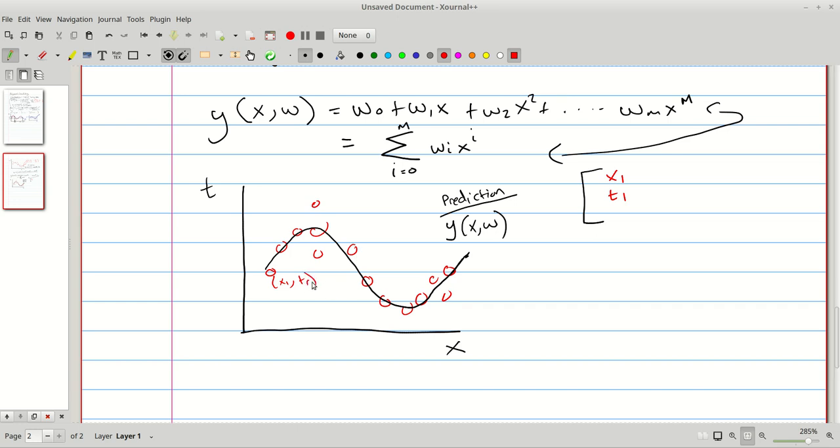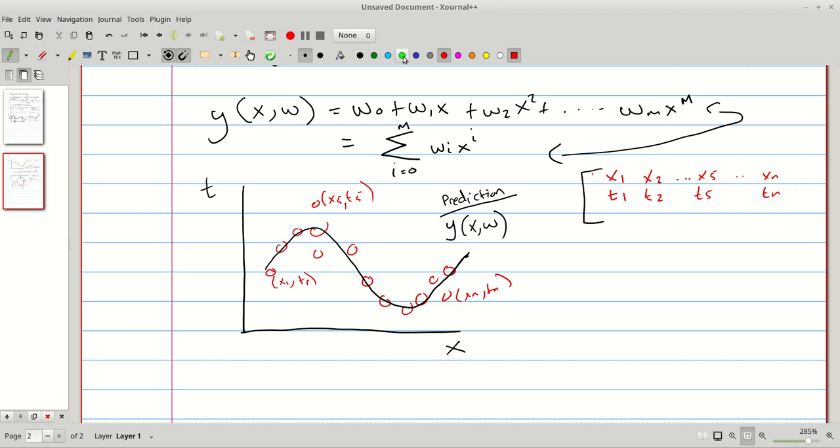This is, say, x5, t5. This is xn, tn. We know what t1 is. x2, t2, x5, t5 and also up to xn, tn. So we know the values of these things.